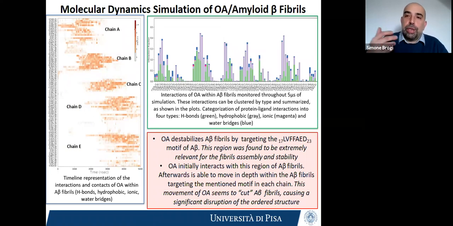In addition, during the molecular dynamics simulation, we found other regions in the amyloid beta peptide that are targeted by oleuropein aglycone.